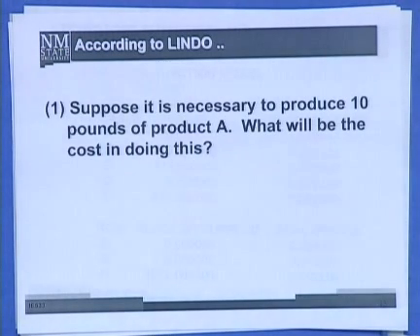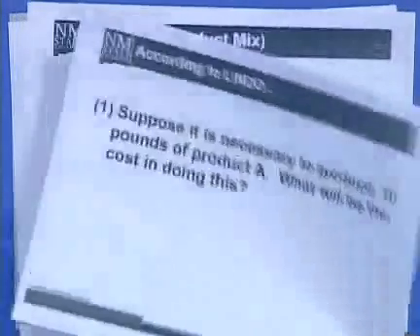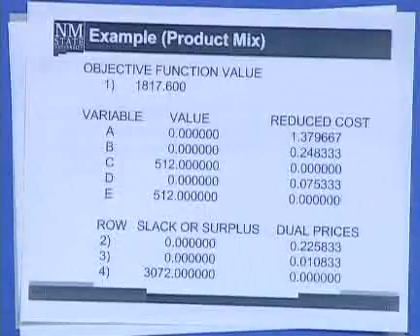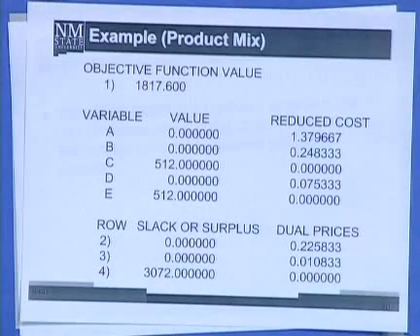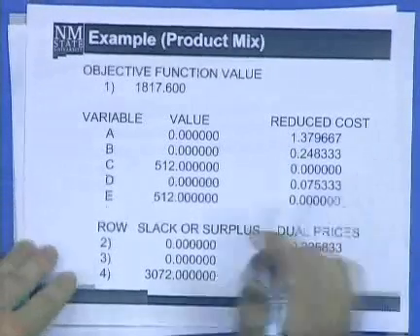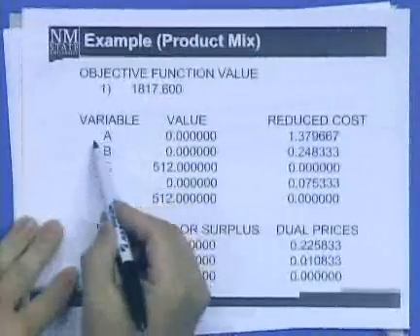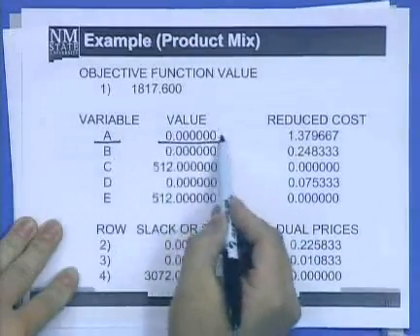Then what will be the cost in doing this, which means what will be the loss of profit in doing this? In the optimal solution, the value of decision variable A is 0, right?